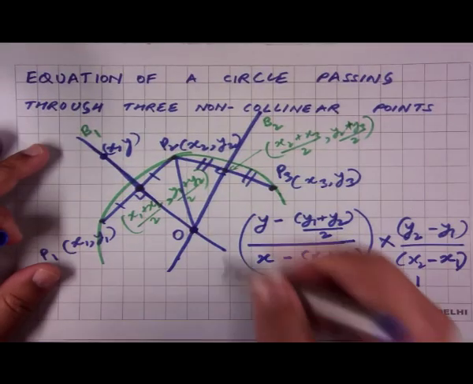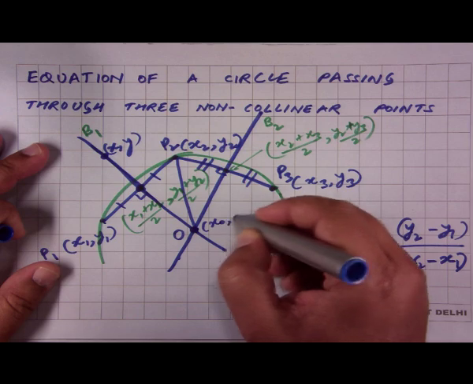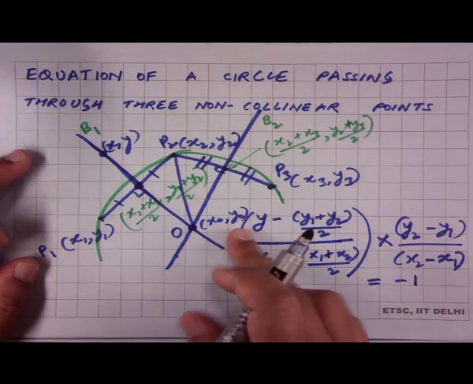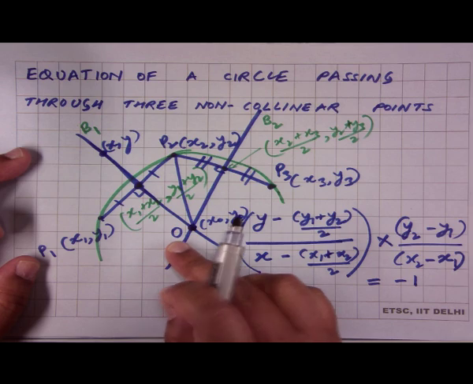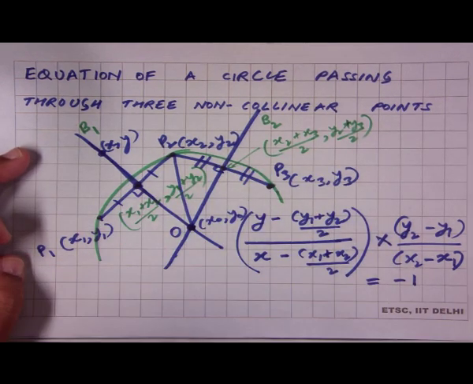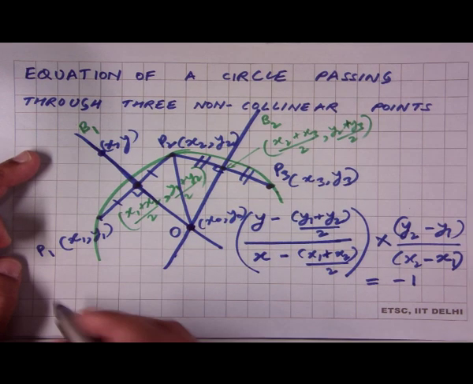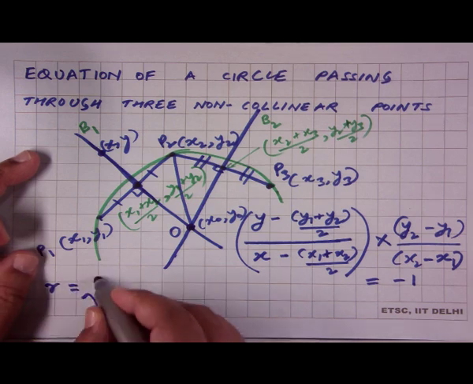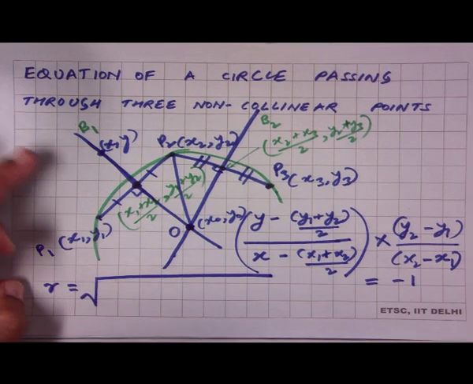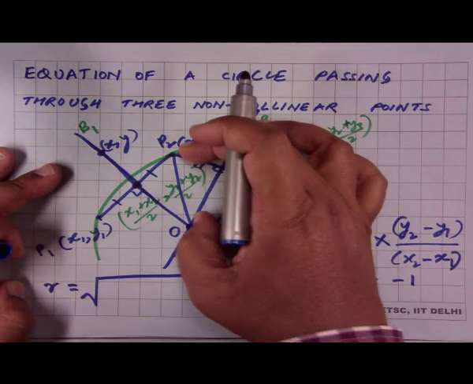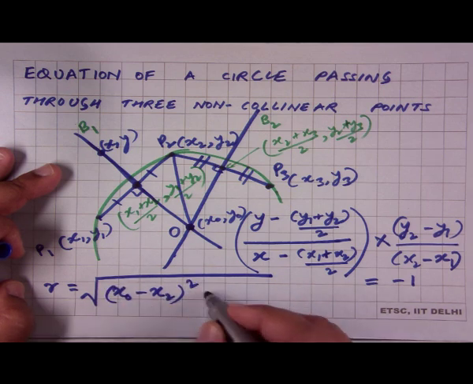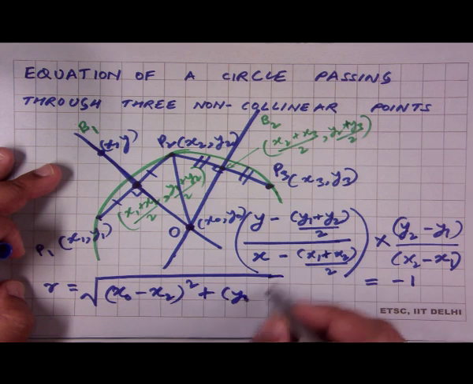Now, once we have found the coordinates x0, y0 of the center of this circle, the radius will be given by r equal to square root of x0 minus x2 whole square plus y0 minus y2 whole square.